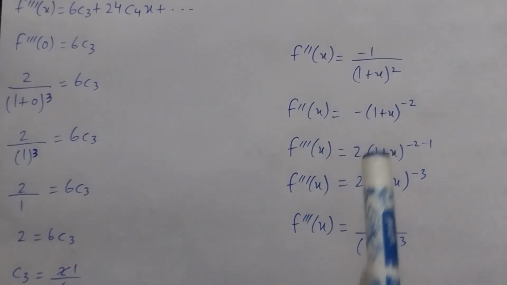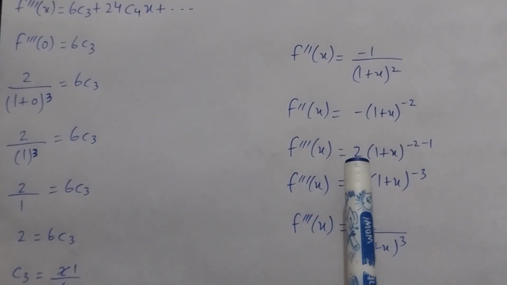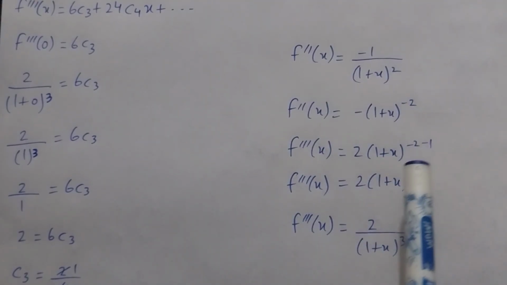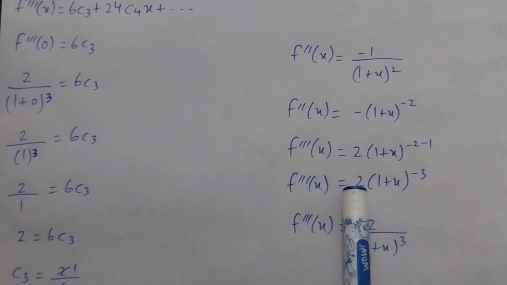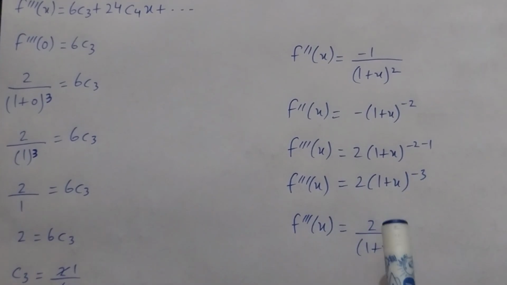When we apply the power rule we get minus 2 times minus 1, which becomes 2, times 1 plus x, and when we reduce the power we get minus 2 minus 1, so this becomes 2 times 1 plus x raised to power minus 3, and when we shift this to the denominator we get 2 over 1 plus x raised to power 3.